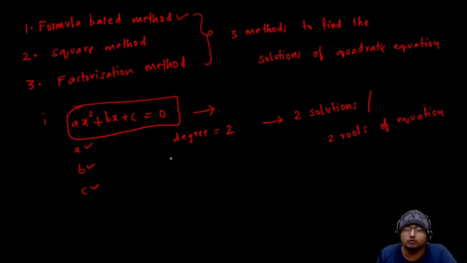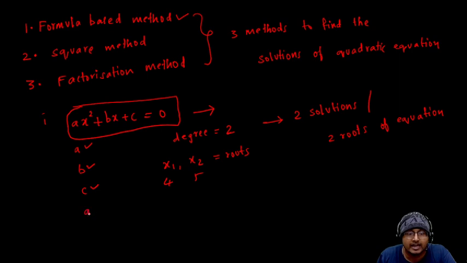So what is meant by the roots of the equation? Suppose x1 and x2 are the roots of the equation. That means some values like x1 equal to 4 and x2 equal to 5 are the roots of a quadratic equation. When we say this, if we substitute the value in the equation, it satisfies that equation.